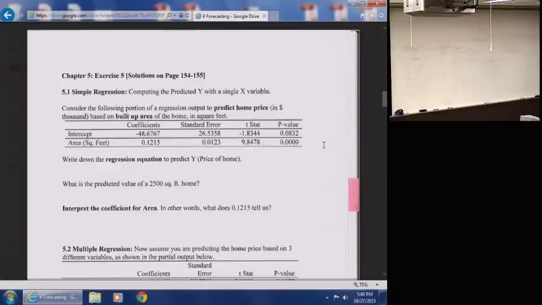You have this table. I'll give you maybe 1 minute to work on the first two questions. First, write down the regression equation to predict y, the price of the house. What is the predicted value of a 2,500 square feet home?